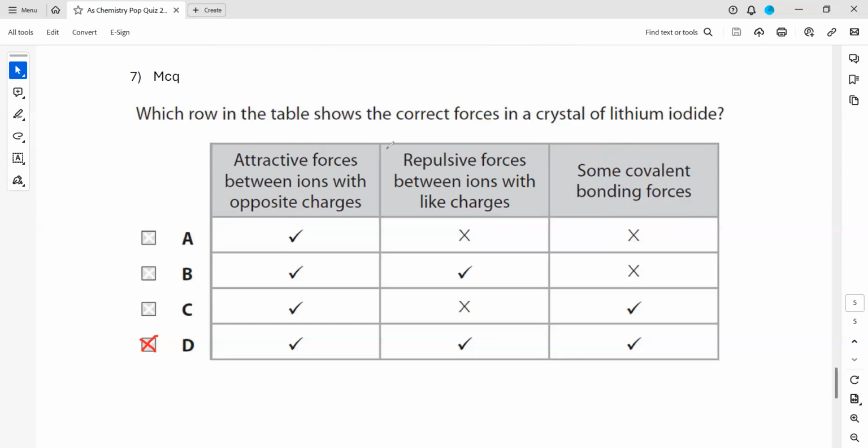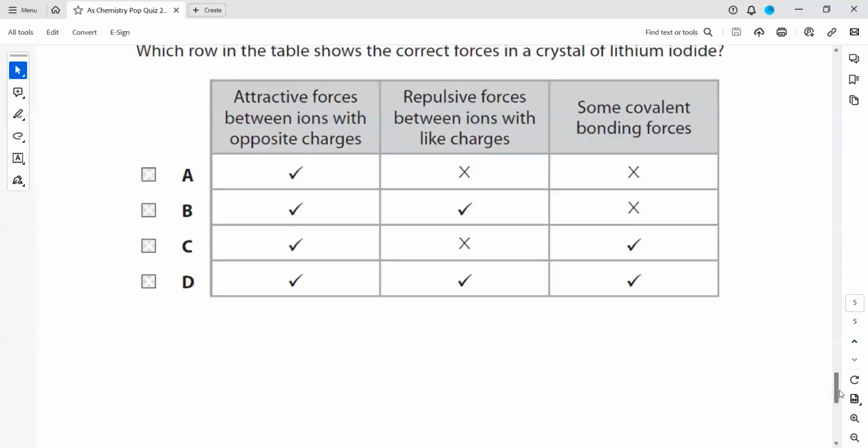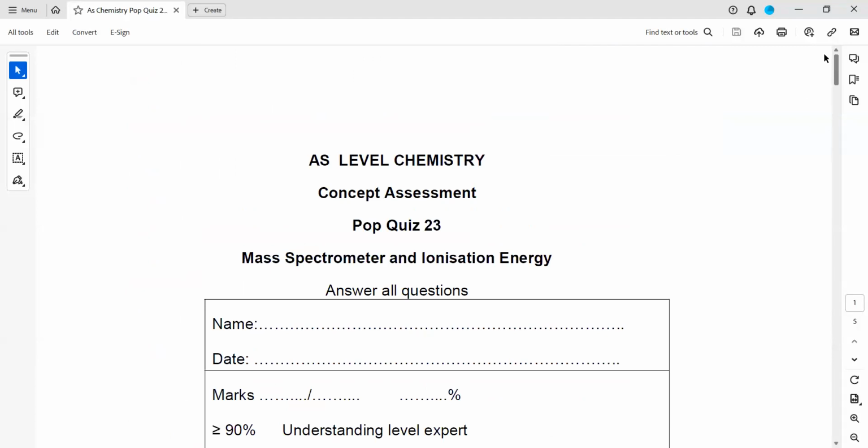So they will have some covalent nature, called the covalent nature of an ionic compound, or some covalent bonding forces, which appear as if they are sharing electrons. So this was a pop quiz related to mass spectrometer and ionization energy.